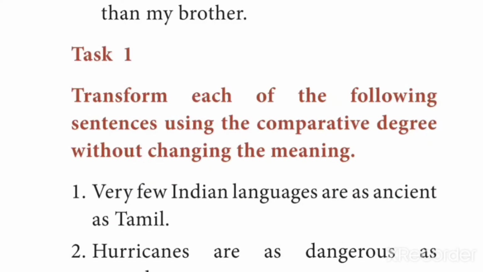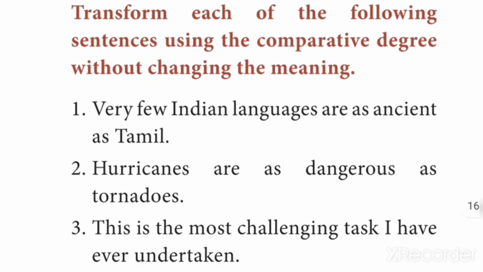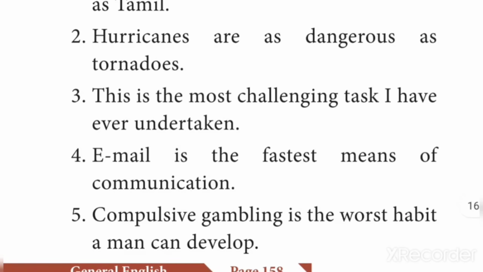Coming to number 2. Hurricanes are as dangerous as tornadoes. This is also in positive degree. To write this in comparative degree, you find that 2 things are compared here.